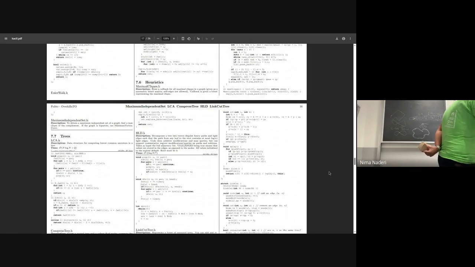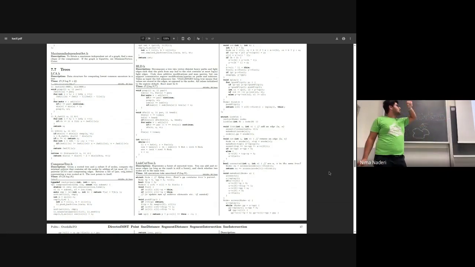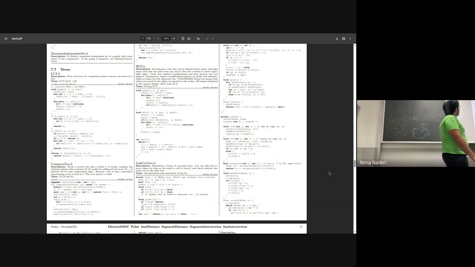Then the trees. So again, this is the LCA, lowest common ancestor. The way we do it is with binary lifting with parents. We store all of the ancestors at height 2 to the power k, and then find the LCA with this algorithm. I think you already know the algorithm. If not, just black box it.